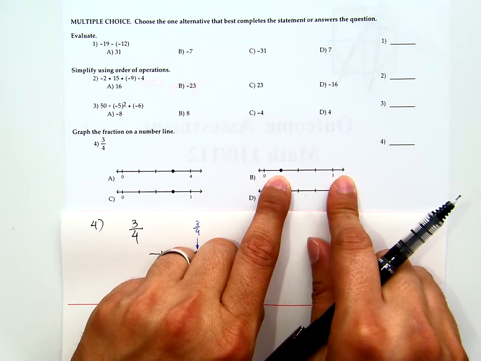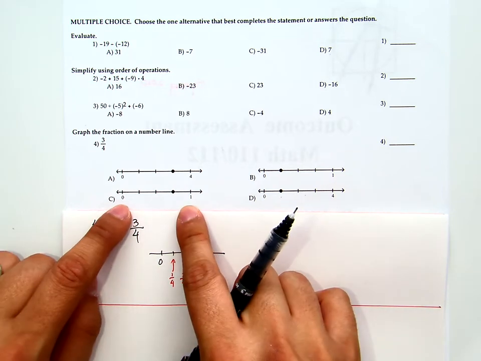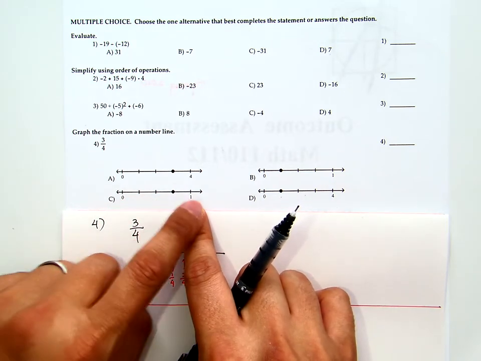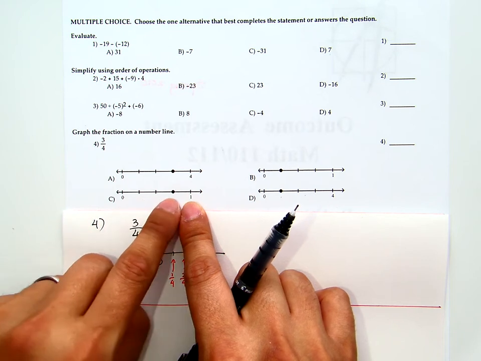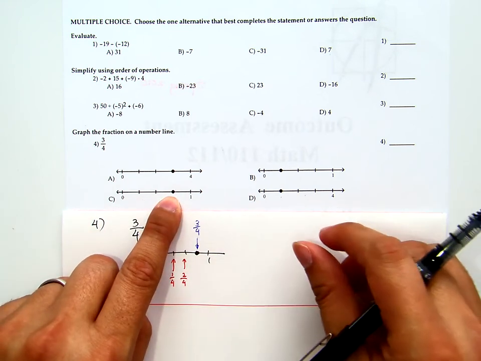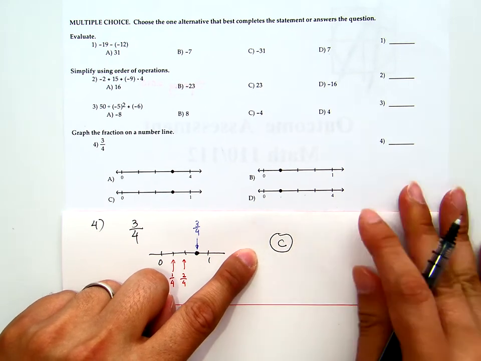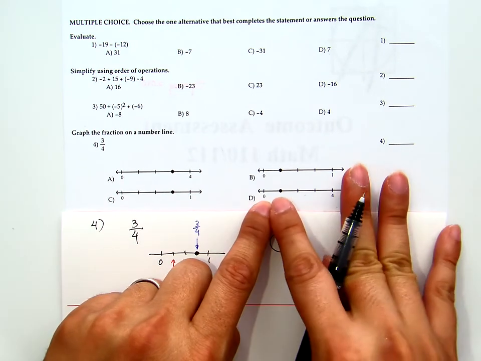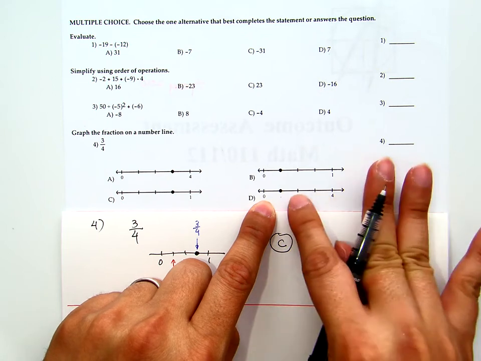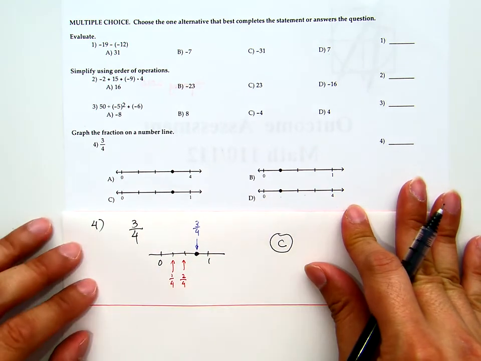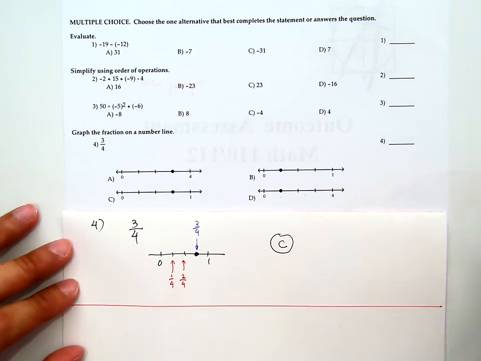That's not the one we want. Part C is from 0 to 1 again, which is a good start. You divide into 4 equal parts, which means this is 1/4, 2/4, 3/4. Oh, the one they bubbled is this one, right? So the answer will be part C. Now part D, you see this 0 to 4, they divide into 4 equal parts, then there will be 0, 1, 2, 3, 4, like that. So that's not D. What you want is part C.